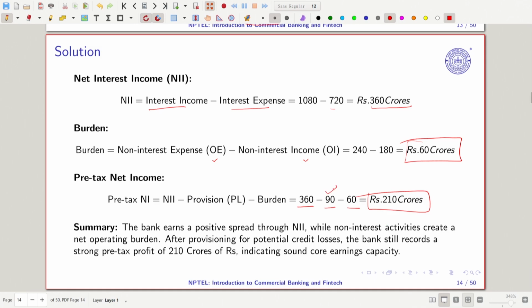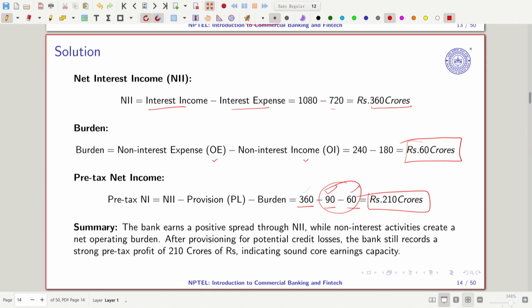So provision is 90, and the burden is 60. These two are the extra expenses that the bank is incurring, and we can see that of the 360 crore net interest income that the bank earned, 150 is being subtracted. So 210 crore is the net income.